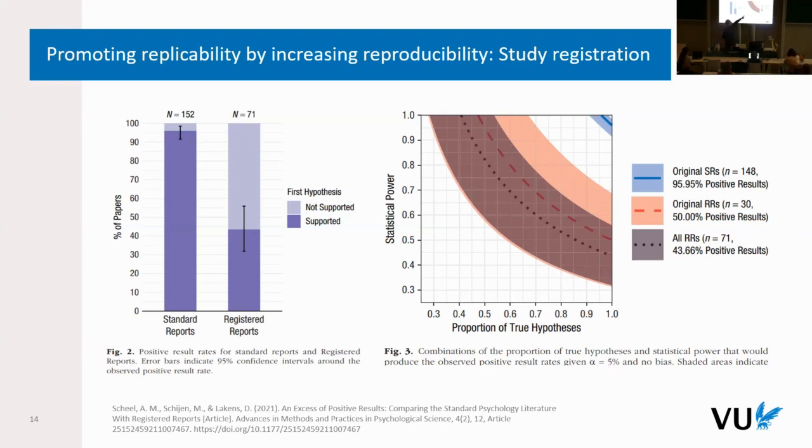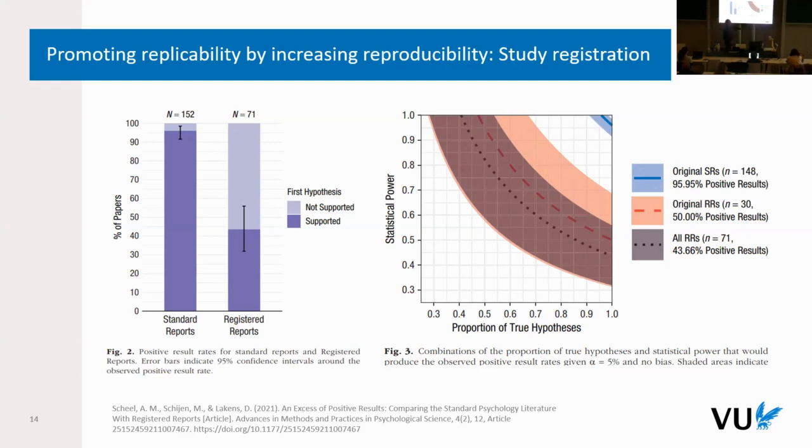This graph represents the proportion of true hypotheses people have been putting on paper and the achieved statistical power that you would need in order to produce this rate of positive results, with hypotheses being accepted. It is highly unlikely that these non-pre-registered studies would be done by researchers with such acute insight into the human condition that they only formulate correct hypotheses, and with the funds for large-scale studies that have enough statistical power.